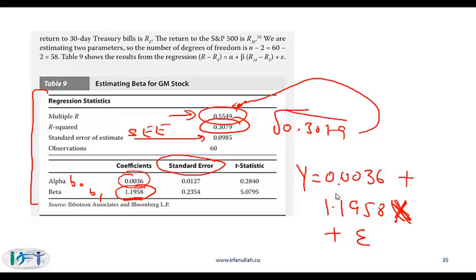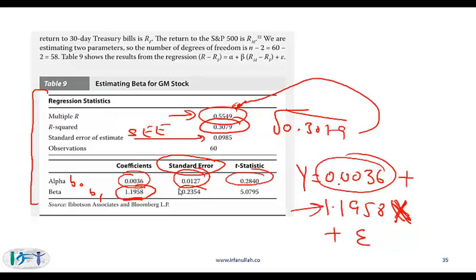The point here is that the regression software is also doing a hypothesis test on these numbers. For this particular coefficient, it is telling you the standard error and calculating the t-stat.